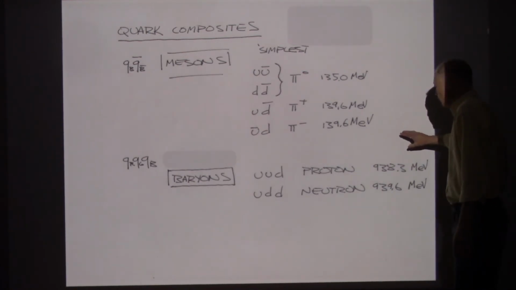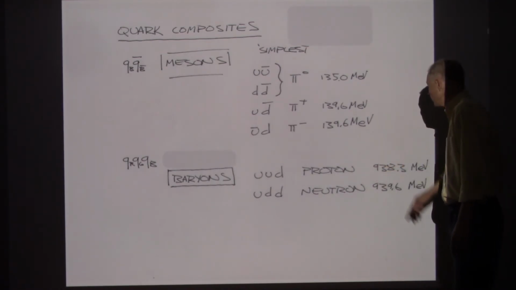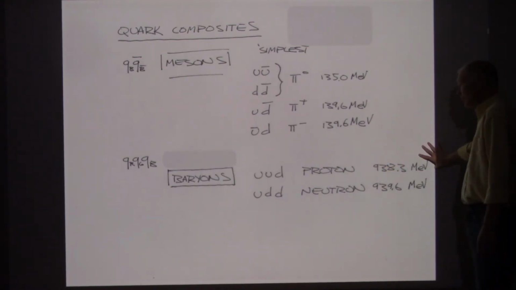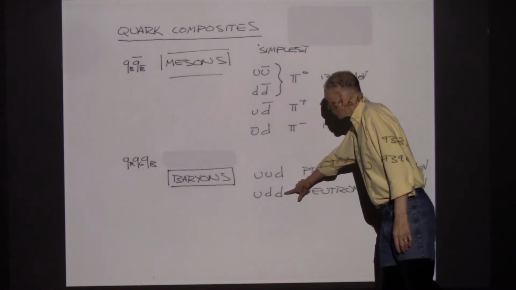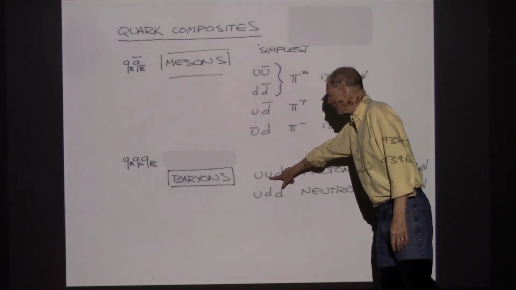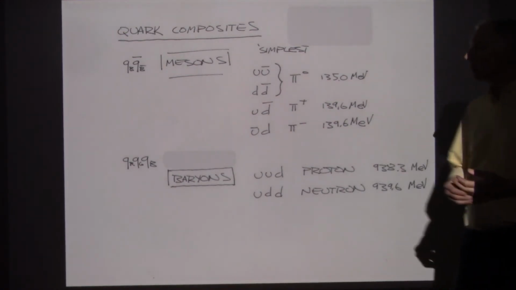And the lowest mass versions of these are the proton and the neutron, and it's only the proton that's stable. The neutron actually decays into a proton, and that says that a down quark can turn into an up quark. And that would take a neutron and turn it into a proton.